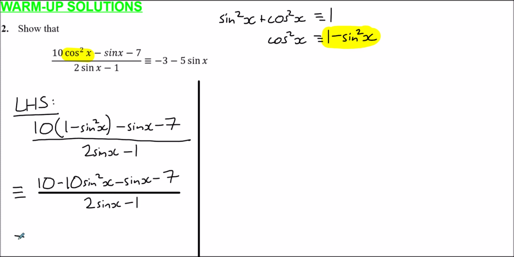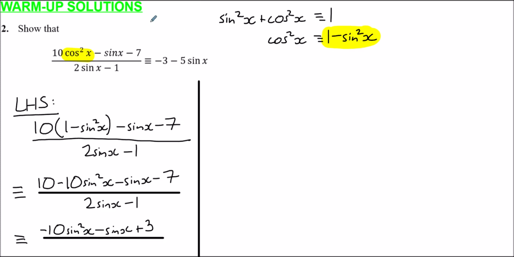Now at the top what we have is a very ugly looking quadratic in terms of sine. So what we can do here is simplify this ever so slightly. So I've got minus 10 sine squared x minus sine x, and 10 minus 7 is positive 3. All of that is still over 2 sine x minus 1.